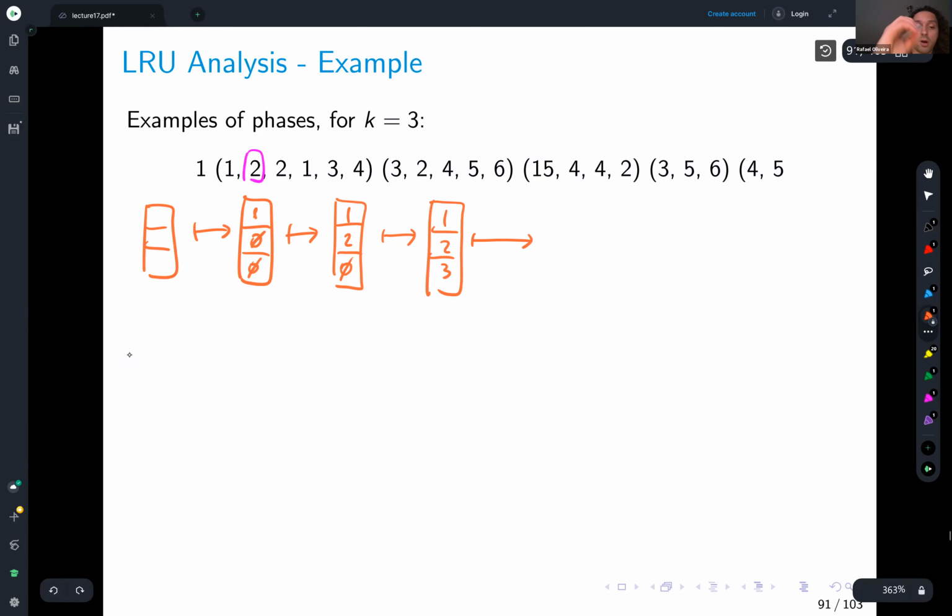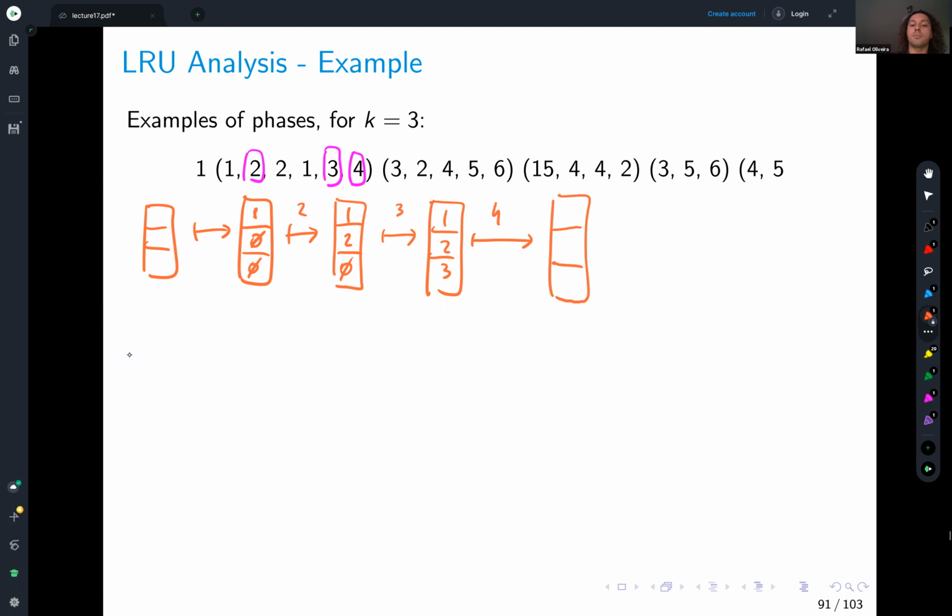And once I receive 4, which one should I evict? Well, who was the least recently used in our setting? The least recently used was exactly 2, so I have to evict 2. So I have 1, 4, 3.